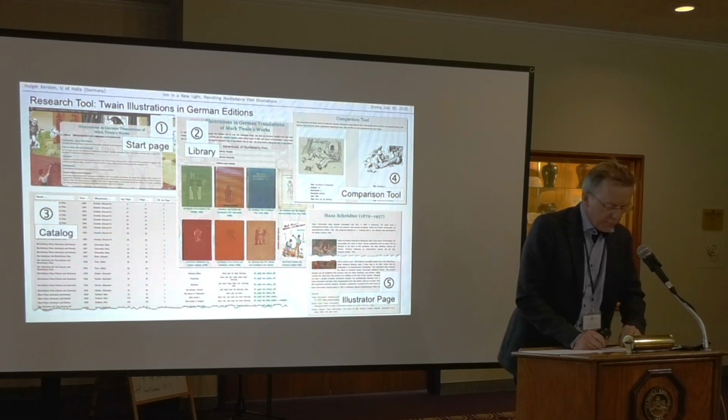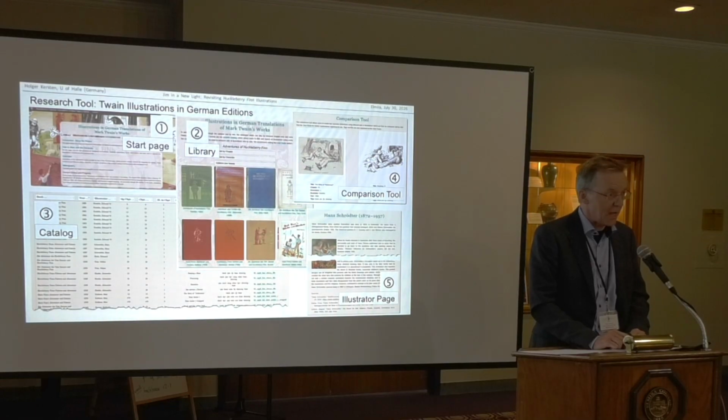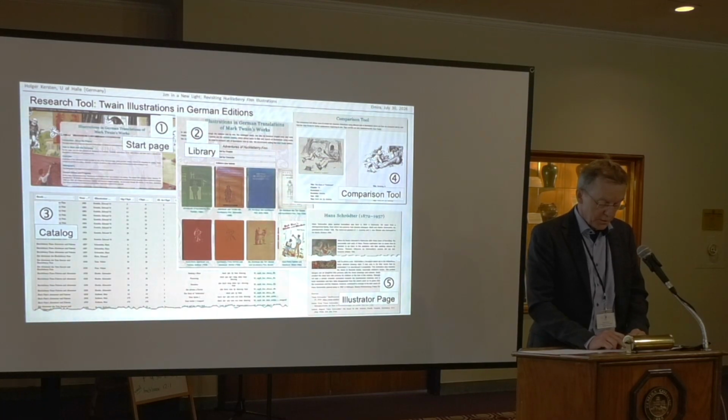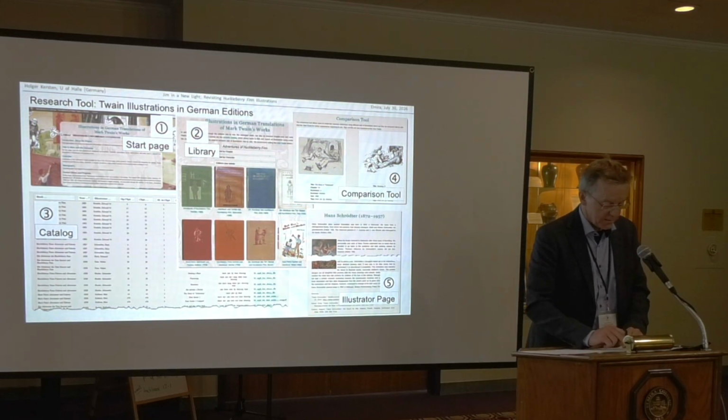The tool is based on a full catalog of illustrations and allows users to filter images according to character, chapter, and other criteria. Rather than treating individual illustrations in isolation, it supports a range of research approaches, from examining all illustrations featuring a particular character to comparing selected images across editions or contexts.